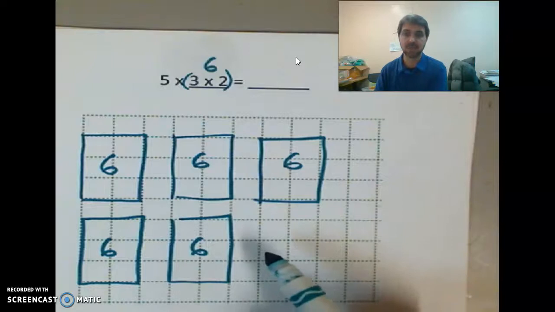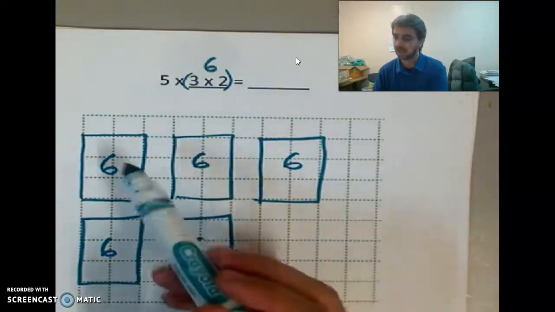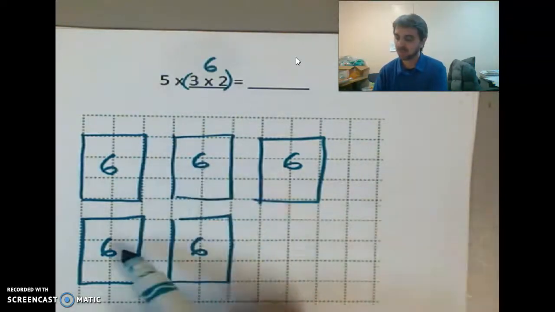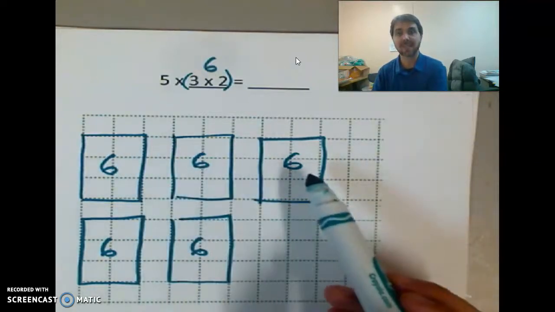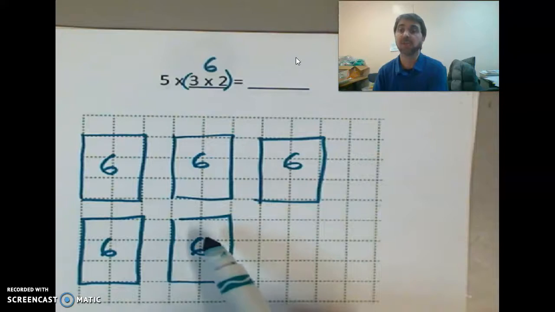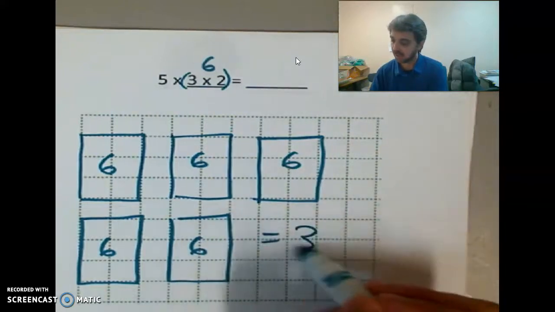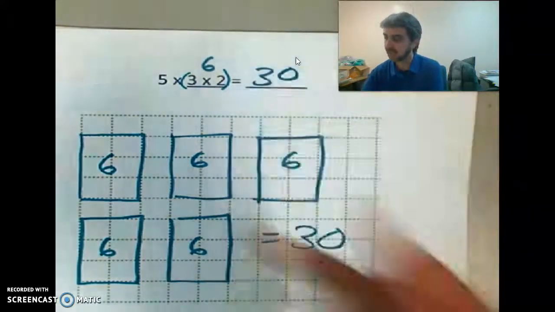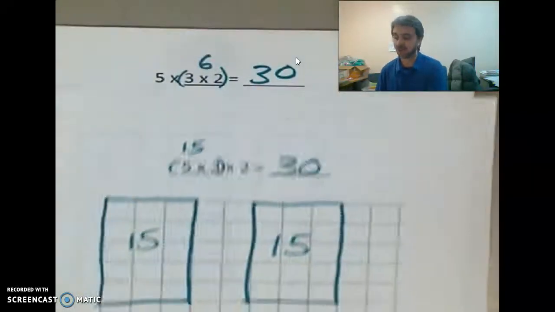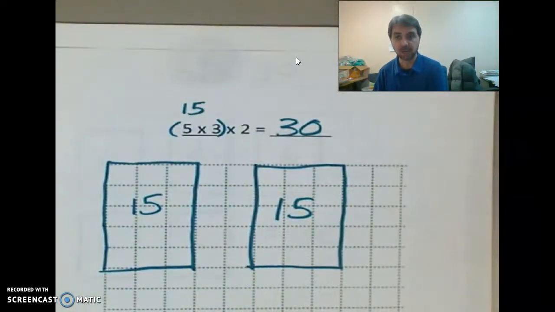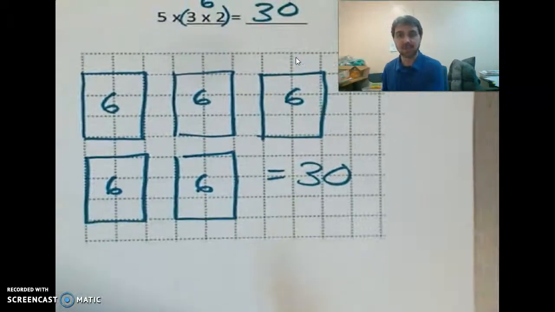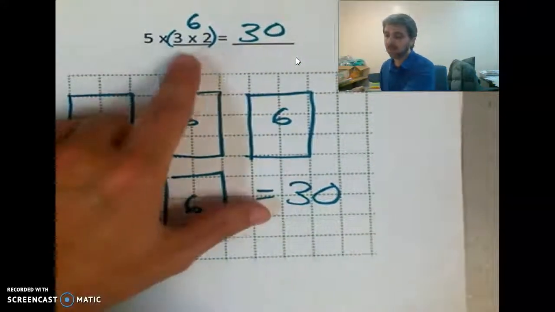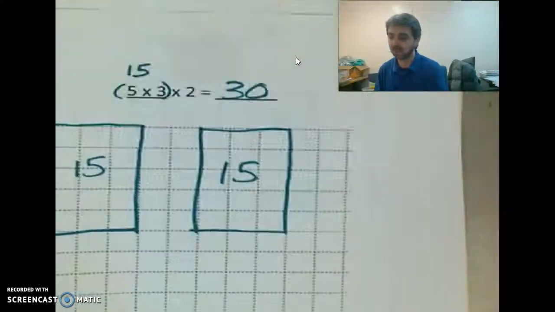Okay, so does anybody know what 6 times 5 is? 6 once, twice, 3 times, 4 times, 5 times. So that would be 6, 12, 18, 24, 30. And guess what? That's what we got over here as well. We got 30. Okay, so 2 different ways of looking at it, we multiplied them in a different order, but we still got 30.